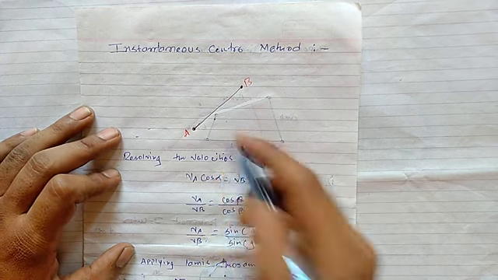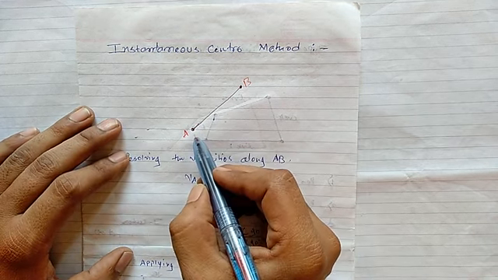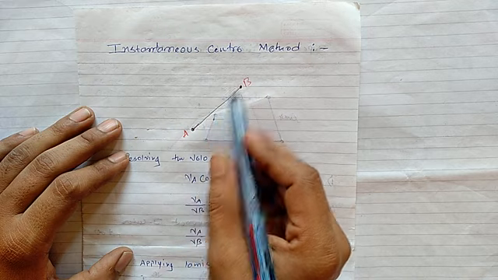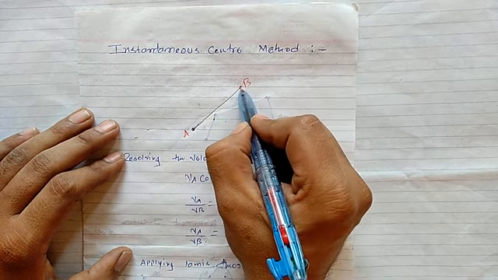With respect to AB, I want to determine the velocity of point B.